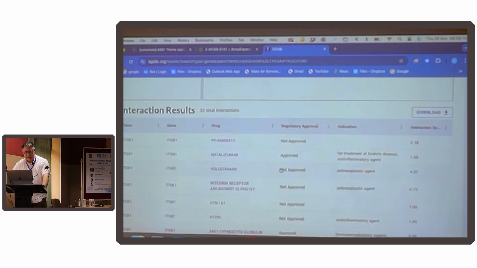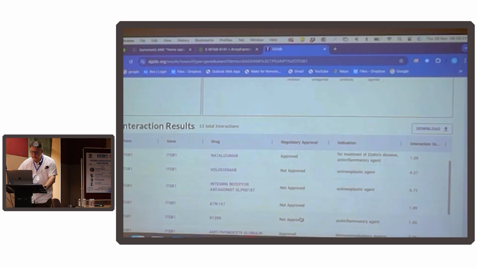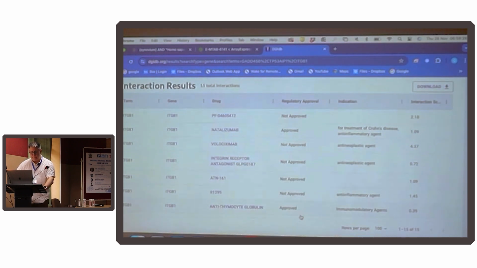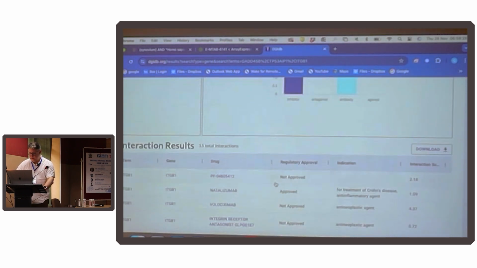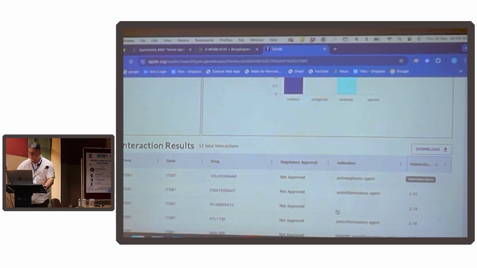GADD45B doesn't seem to be any good. It's not particularly druggable. We've got a few monoclonals. Oh yeah, it needs to be resorted. We've got firategrast.